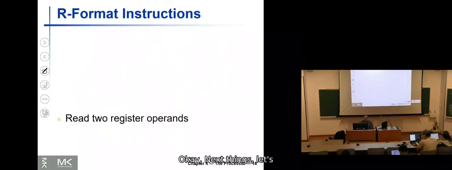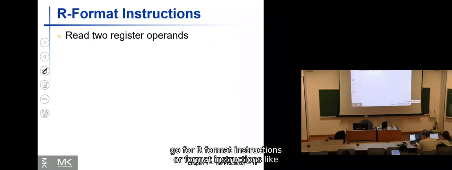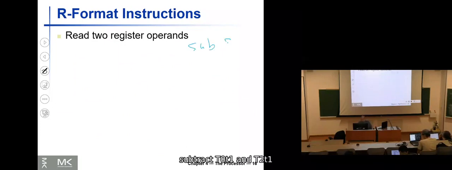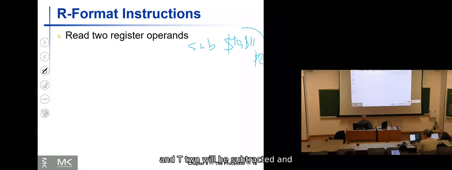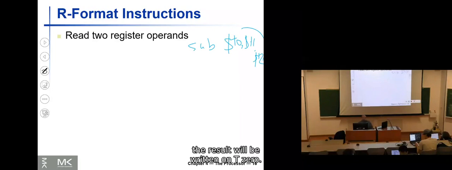Next, let's go for R format instructions. R format instructions like subtract T0, T1, and T2. So T1 and T2 will be subtracted, and the result will be written to T0. This is an R format instruction. It has a 32-bit value.